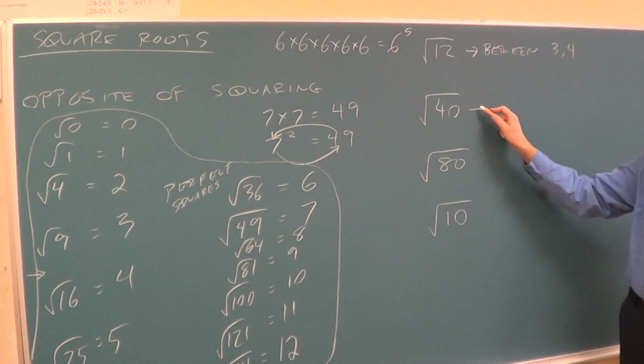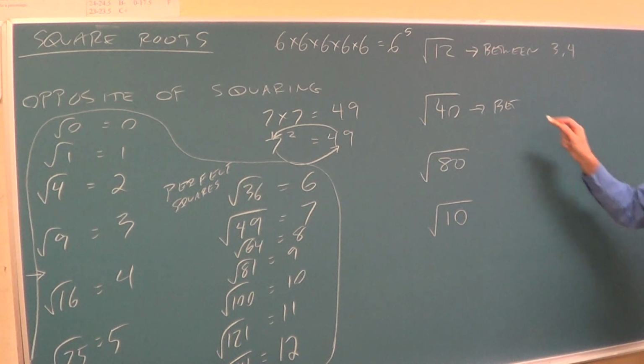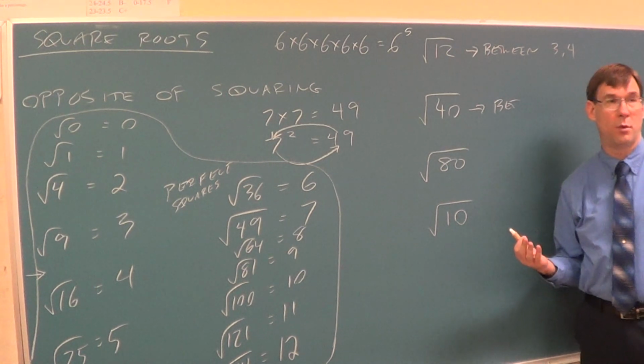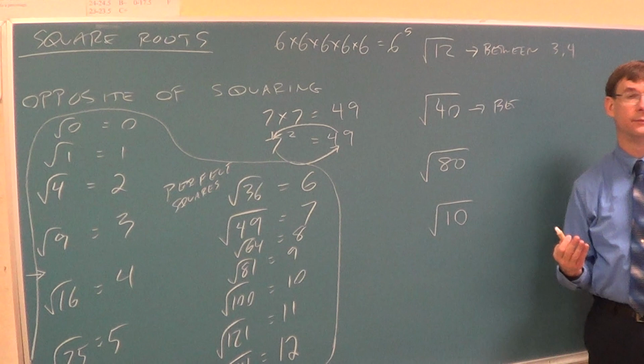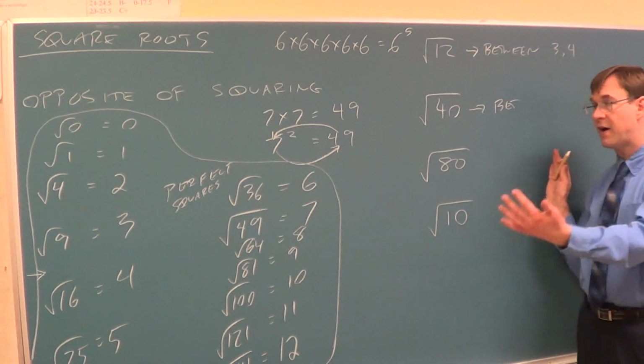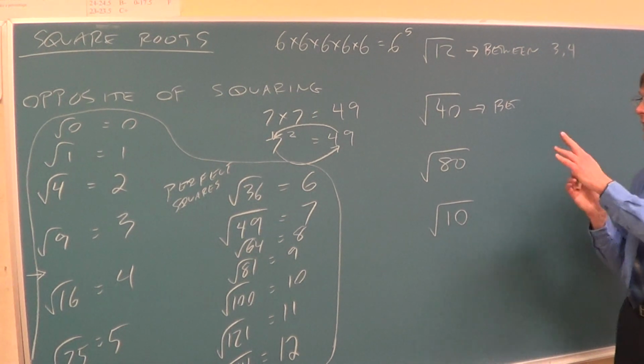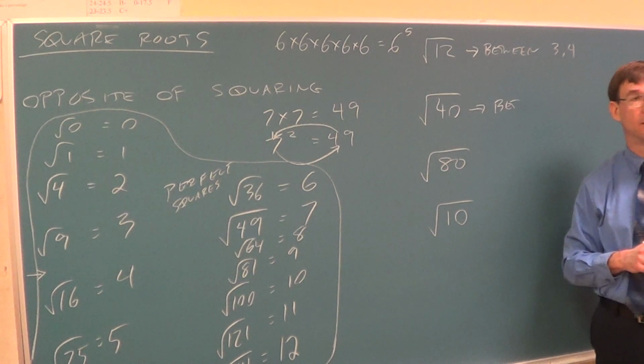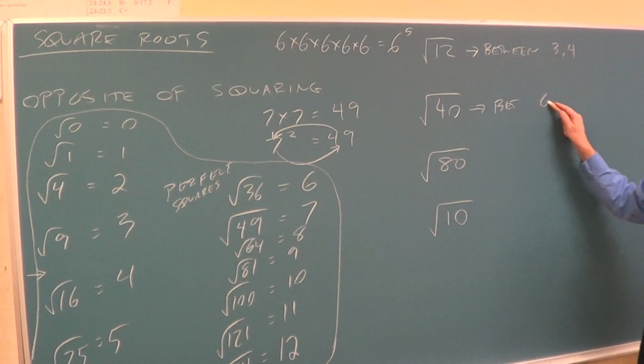So for 40, they're going to want us to decide what two numbers this is between. Anybody have a thought? What would the 40 fall between? 5 and 8. It is between 5 and 8, but we can narrow it down. We'd rather get two numbers that are in a row. It's even closer than between 5 and 8. It'd be between 6 and 7.